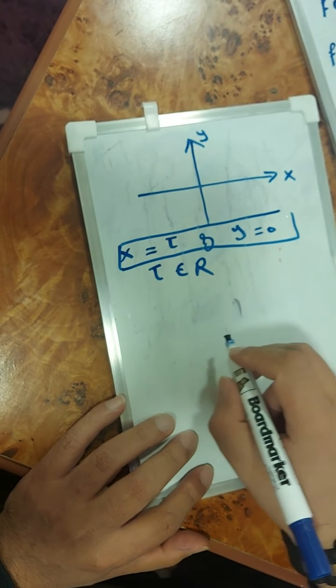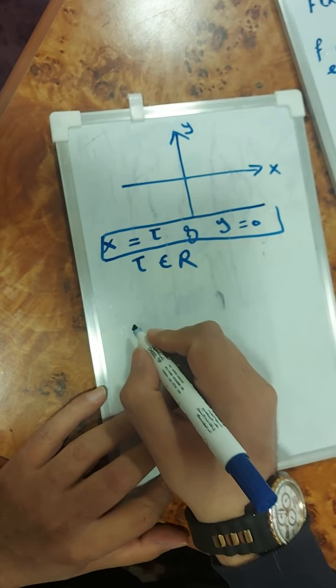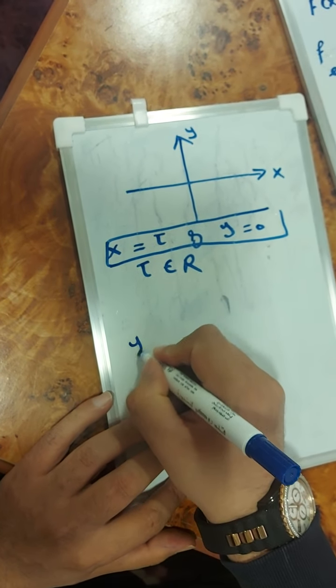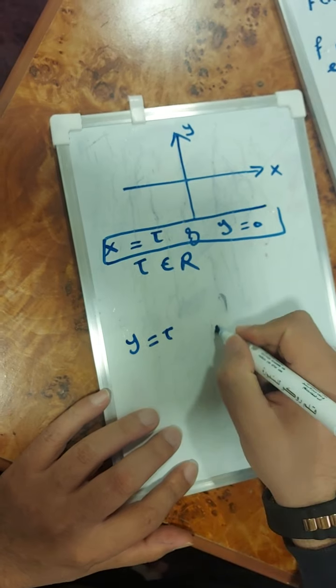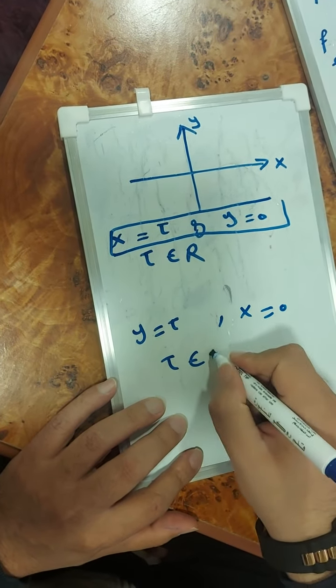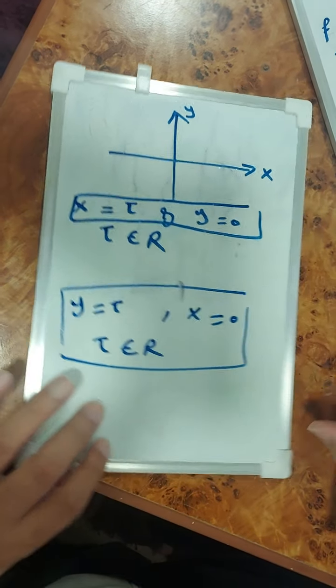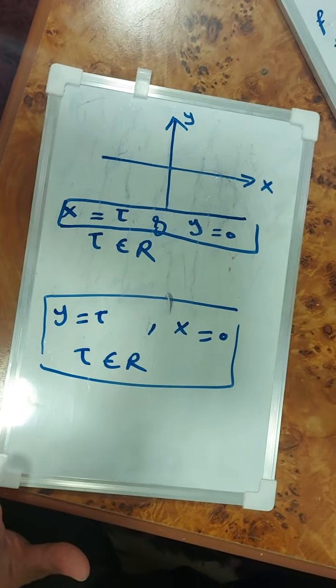Similarly, the parametric solution of the y-axis is y equal t and x equal 0. This is also the parametric solution of the y-axis. This is from the background of analytic geometry.